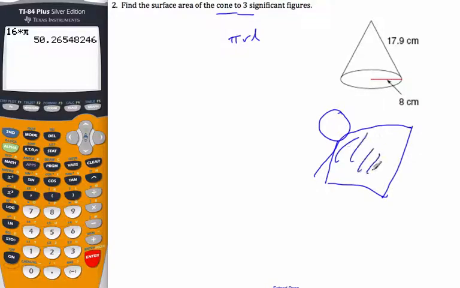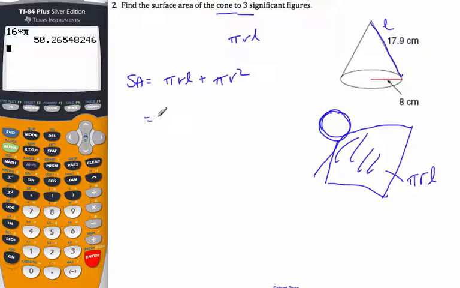That area is what they're talking about, pi rl, where L is this length here. My total surface area is pi rl plus the circle down here, and the area of a circle is pi r squared.